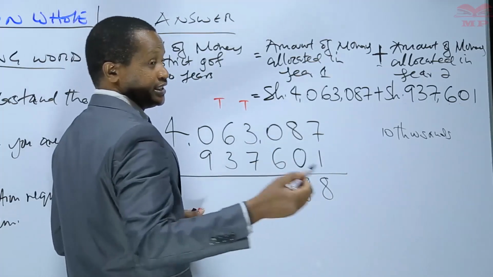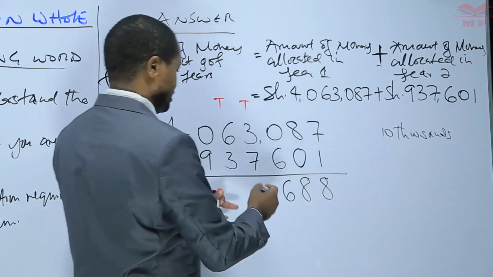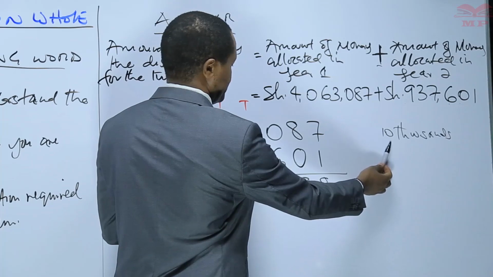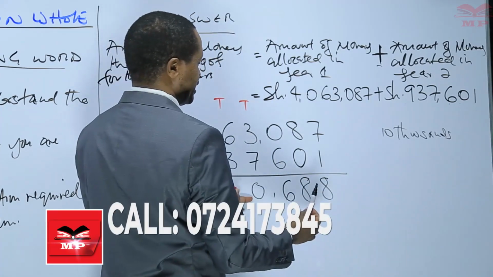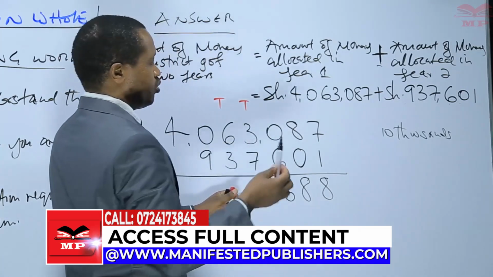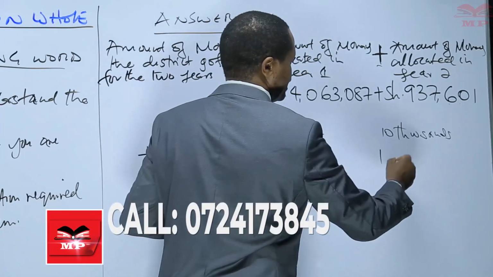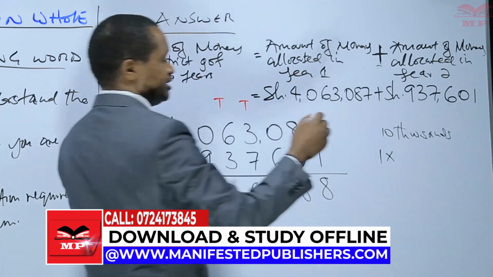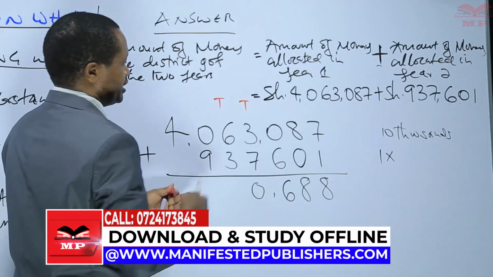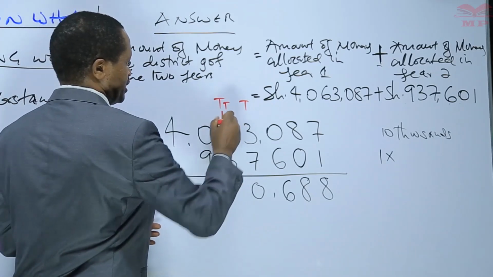1 10,000. So we write 0. This 0 is the place value of thousands. Then we carry 1 10,000. We will carry it to the place value of 10,000. So we have here 1 10,000.